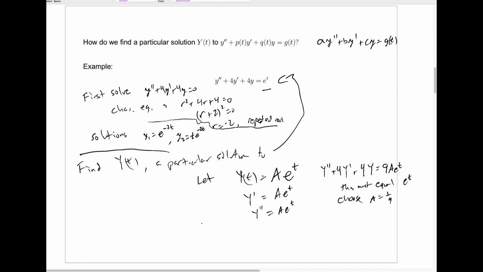So here, what is our conclusion? Our conclusion here is that y of t equals 1/9 e to the t is a solution to the non-homogeneous differential equation. And you should always remember to go back and check all of that. What is our general solution then?